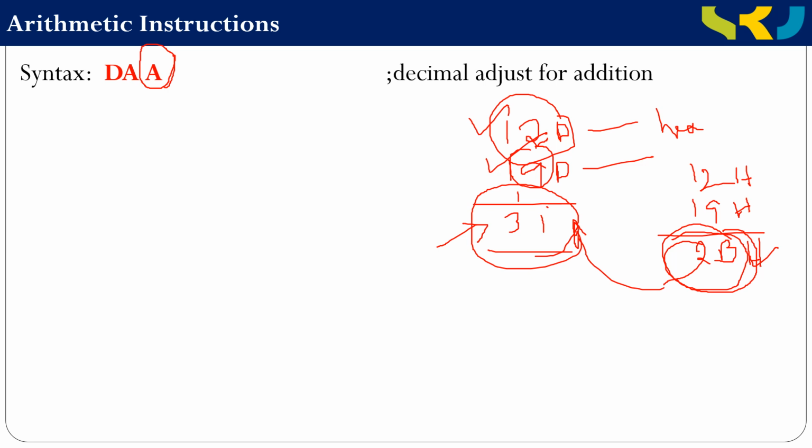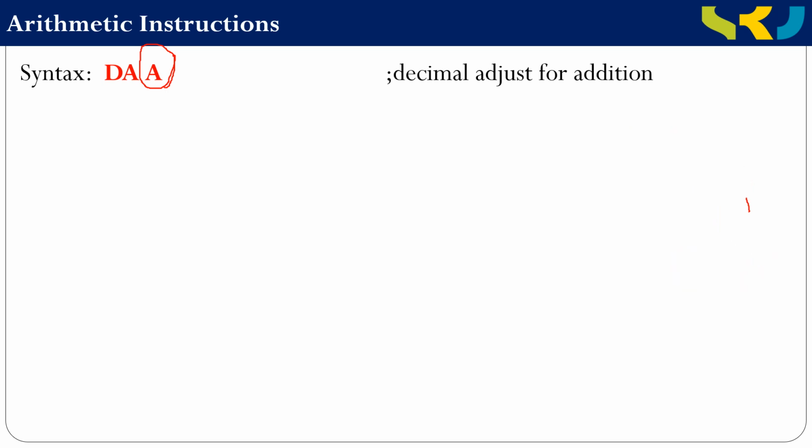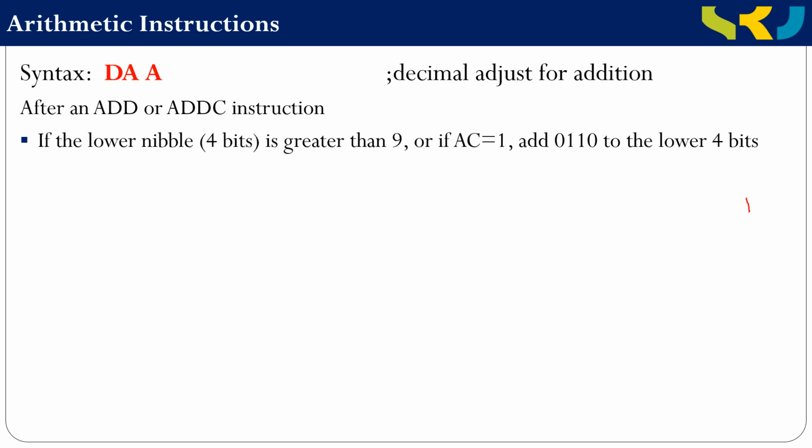So let us see the operation of this instruction. We'll also discuss it with one example. It is always used after the ADD instruction or the addition with carry instruction only.